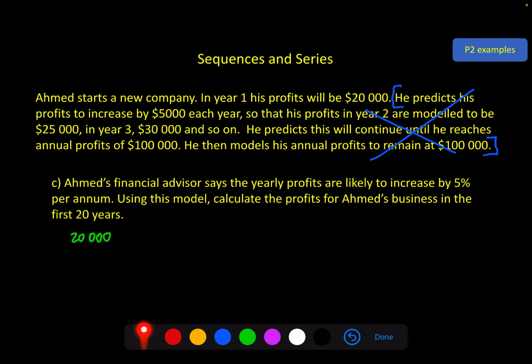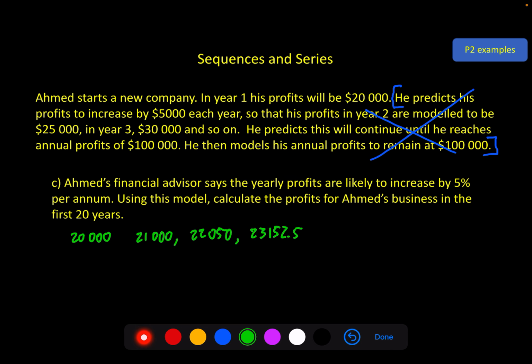The profits are likely to increase by 5%. Okay, 20,000 increased by 5% is 21,000. So with this new model, the second term of the sequence is 21,000. And if I increase that by 5% again, I get 22,050. And if I increase that by 5%, I get 23,152.5.